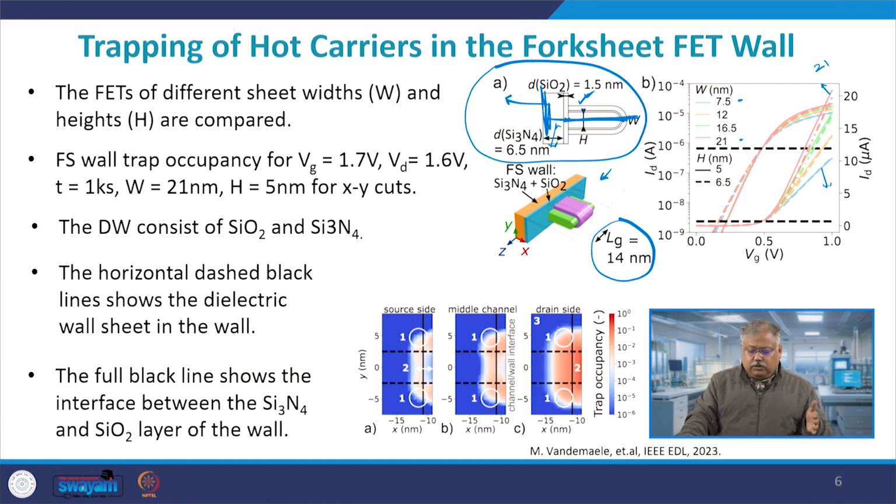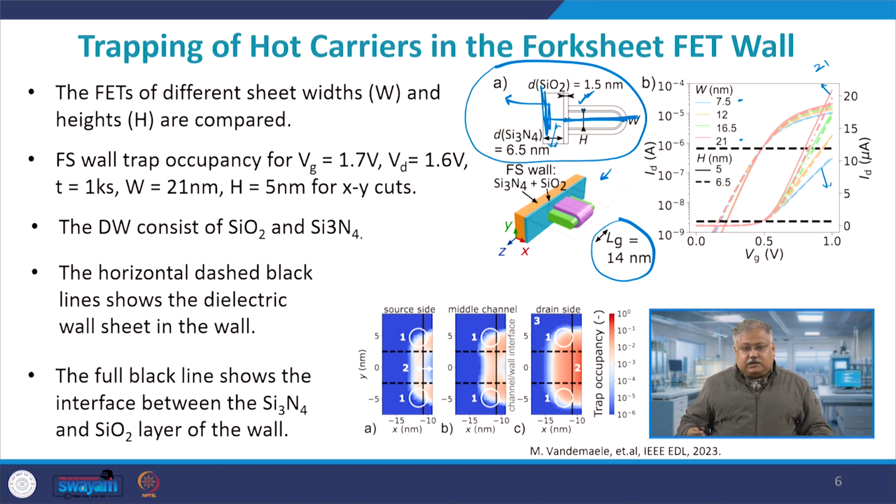The reason, it was found, is that if you increase the thickness of the dielectric or Forksheet wall, you are basically trying to isolate N and P from each other. So the bad effect of P on N and vice versa is removed, and therefore the current shoots up relatively larger at high values of VGS.